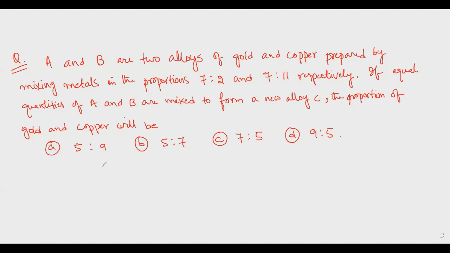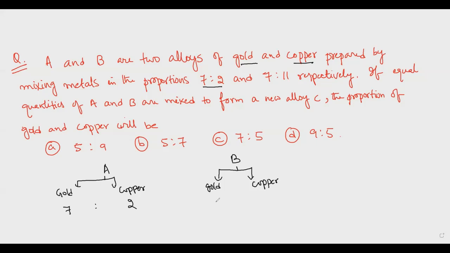First of all, understand this. Alloy A will have gold and copper, in the ratio 7 is to 2. Similarly, alloy B also contains gold and copper, in the ratio 7 is to 11.